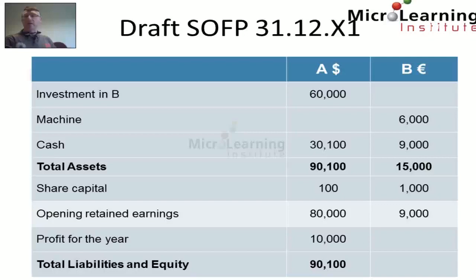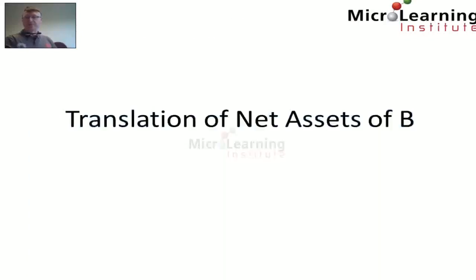Now that's the total net assets that were in place at acquisition. You may remember they equated to €9,000 for a machine and €1,000 in cash. Since the acquisition, B has also made profit of €5,000 in the year. So consequently, the closing liabilities and equity is also €15,000.